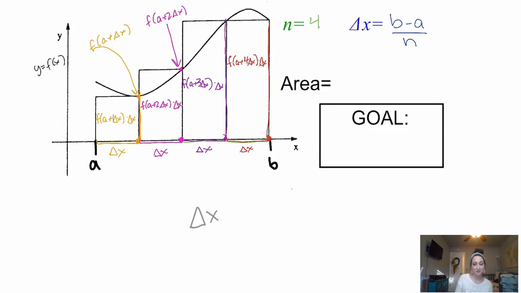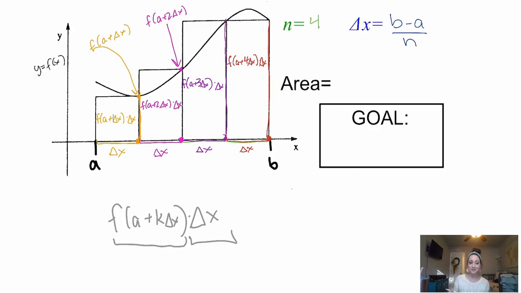The next height is f of a plus 2 delta x, plus 3 delta x, and plus 4 delta x. So in general, the height is f of a plus something, I'm going to call it k, delta x, right? So that is my area, my height, or my y value, times my base, which is my change in x, okay?